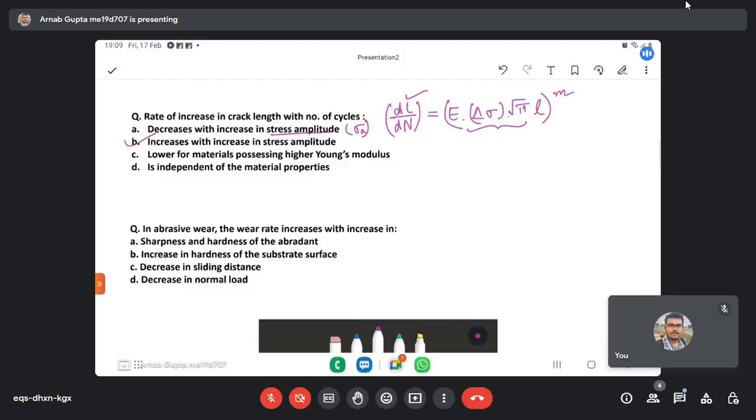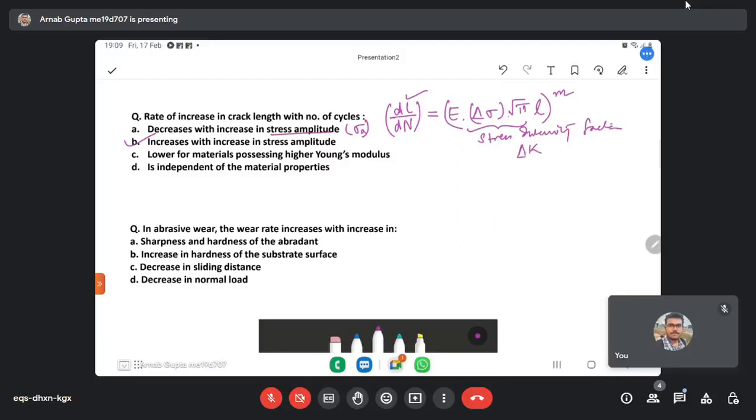What is this entire term called? What do we call this term? This is also known as stress intensity factor, right? Which we call as delta K.